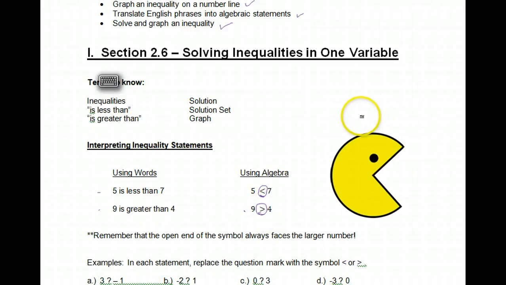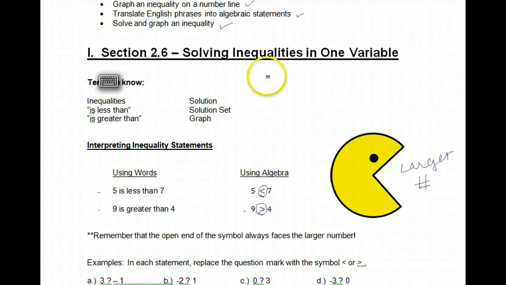I did put this little image of Pac-Man here because it's sometimes easy to help us remember which way the symbol is supposed to point if you think of the inequality symbol like Pac-Man. Pac-Man is always going to eat the larger number. So the opening is always going to face the larger number in your statements.